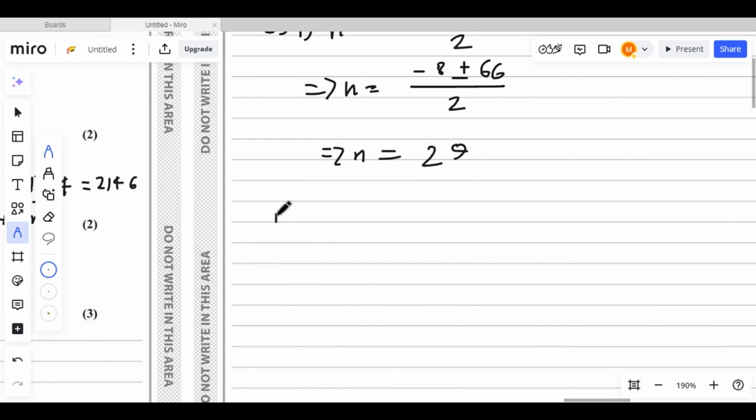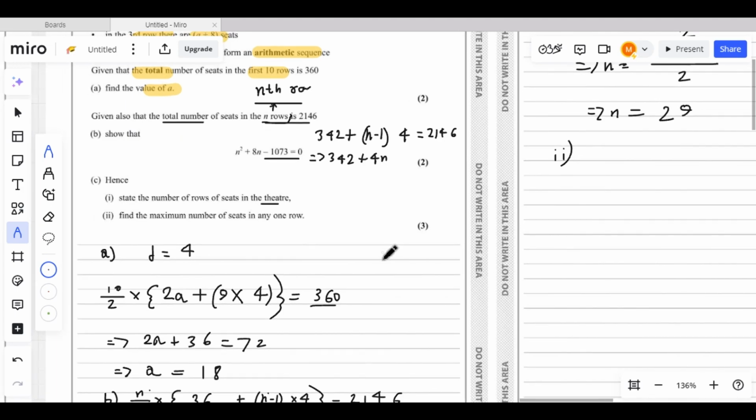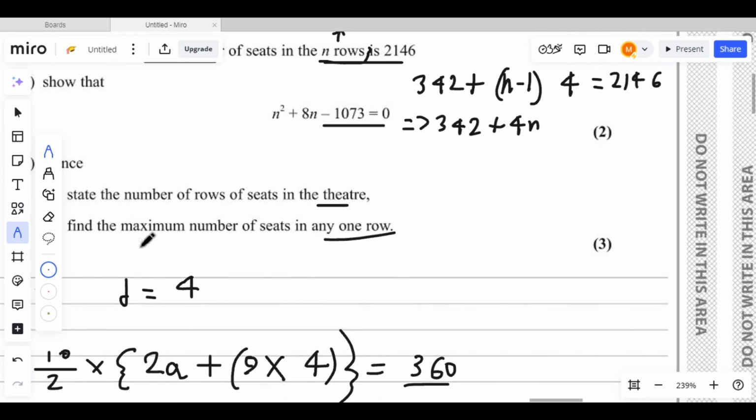Okay, so for part 2, find the maximum number of seats in one row. Sorry, maximum number of seats. Okay, so in this case, since this is an arithmetic progression, the number of seats is increasing by 4 in each of the rows, right?